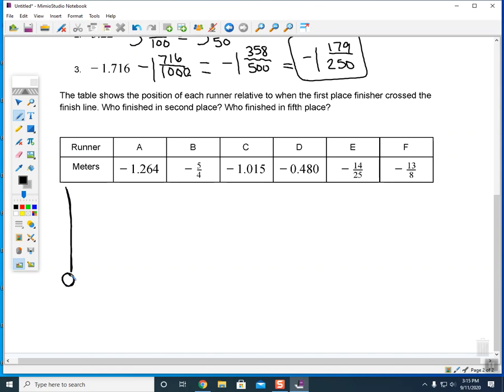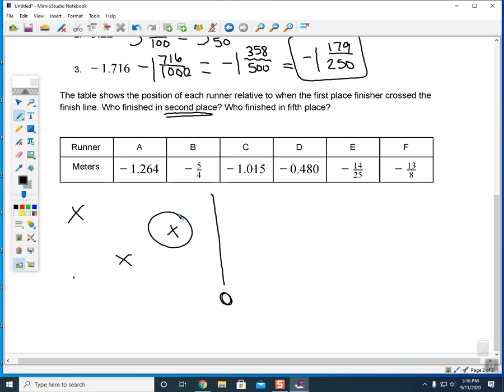All of my other runners are back here, so they're all going to be less than 0, right? They are behind the finish line. And so when I'm looking at who finished in second place, what I need to really look at is who finished the closest to 0.